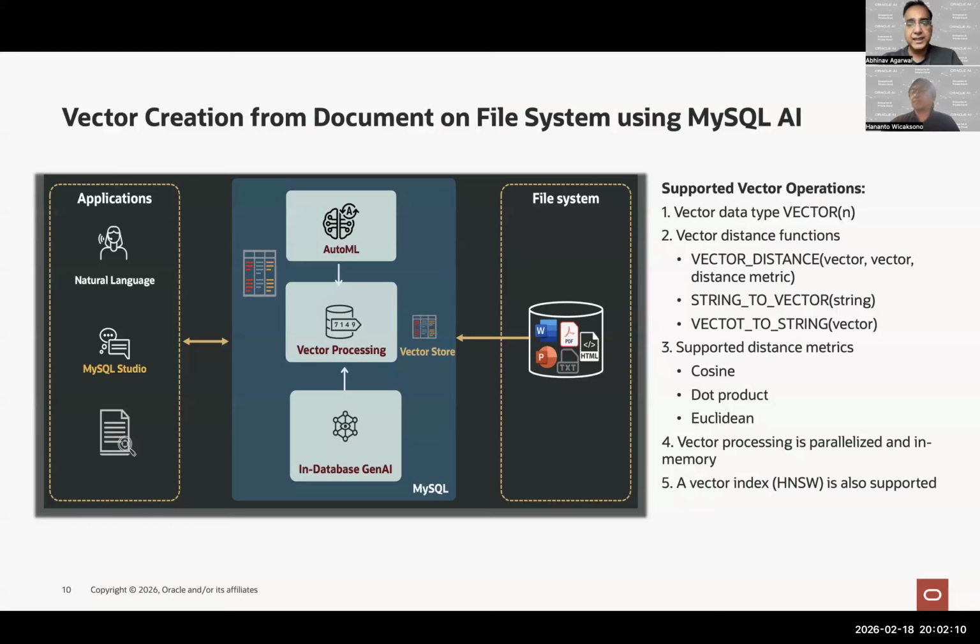This vector processing is parallelized and happens in memory, which means it is very, very fast, because vector processing is typically both a compute and a memory intensive operation. And for faster retrieval, we also support vector indexes, which become very critical as the size of your vector store starts to increase beyond a certain threshold.